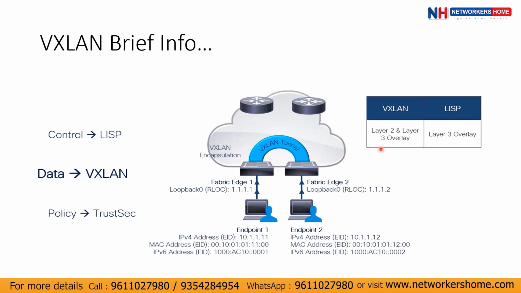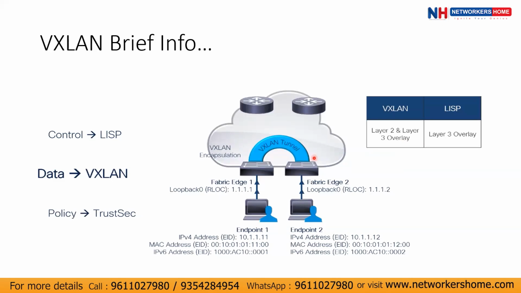Some things, like LISP, generally work on the layer 3 overlay, right? But VXLAN can be used for layer 2 and layer 3 as well, because when we are resolving the MAC address, we are using ARP as well. So that's why we are using layer 2 as well as layer 3 on the overlay. And some of the broadcast traffic.